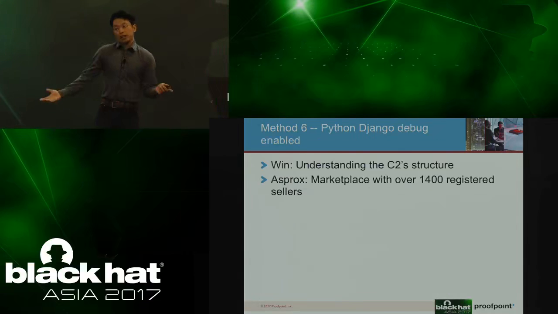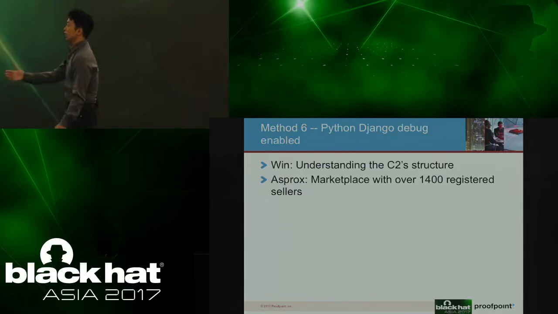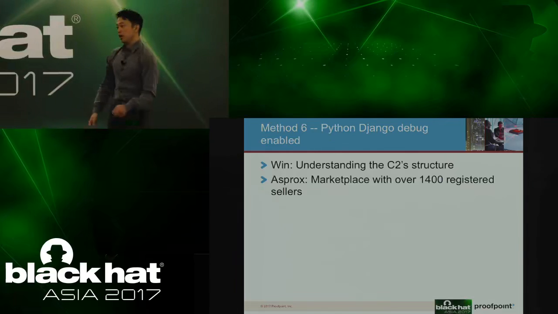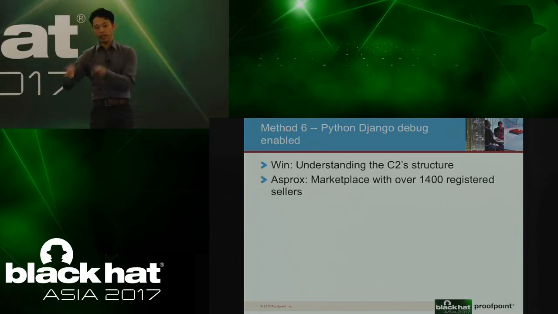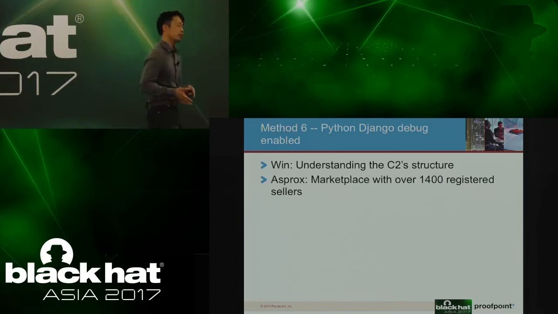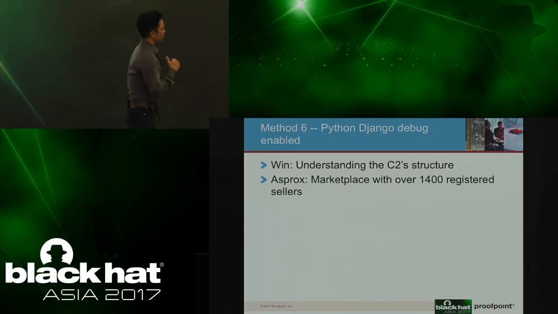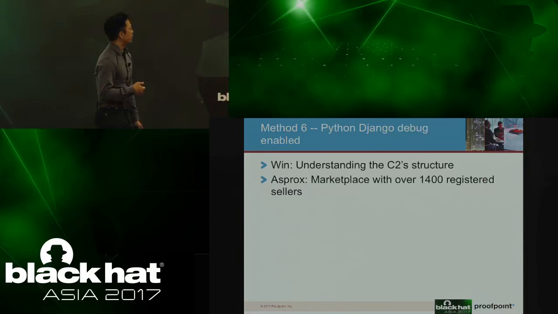Not everybody uses PHP. Some actors do use Python, right? If you realize that this actor is using Python for their command and control server, you can use Django. If they turn the Django debug on, and who turned it on when we were researching this? Asprox.